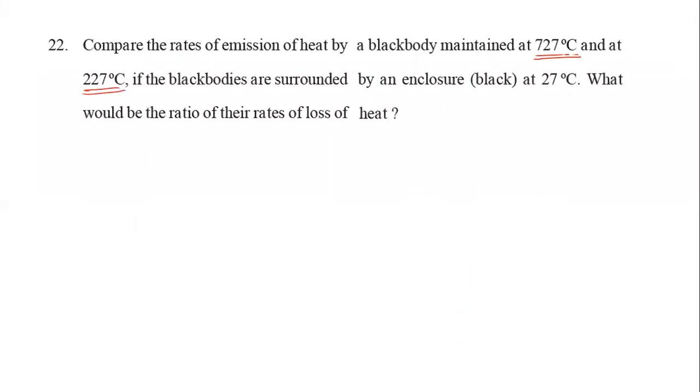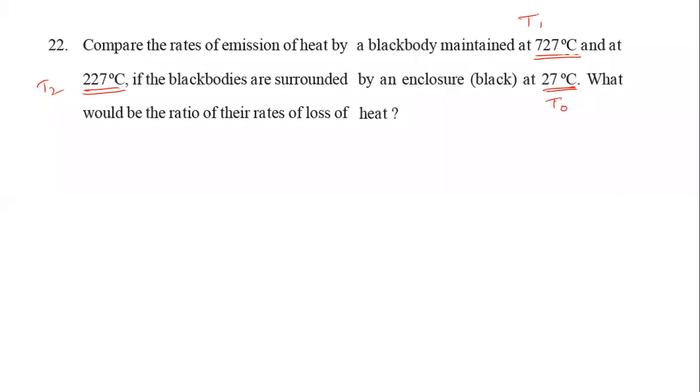Means two temperatures are given. I consider this is T1, this is T2, surrounded by an enclosure at this temperature of the surrounding, T0. What will be the ratio of their rate of loss of heat?